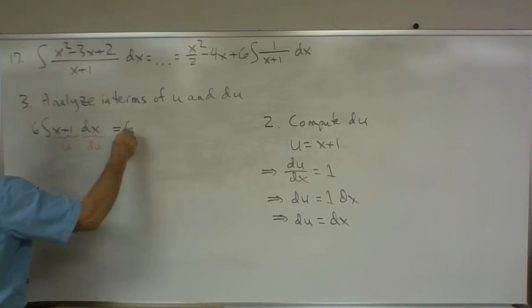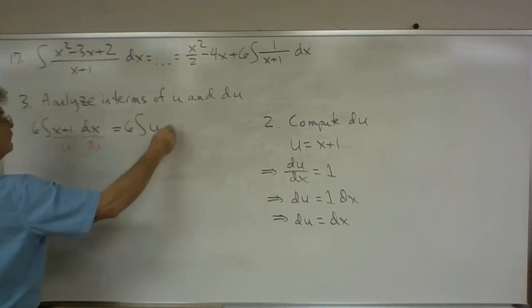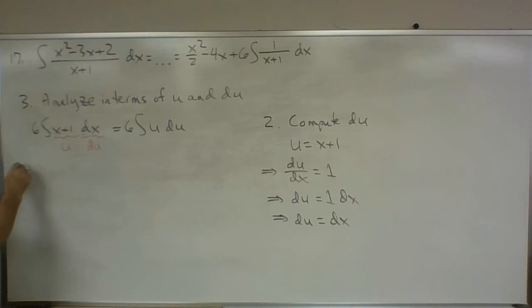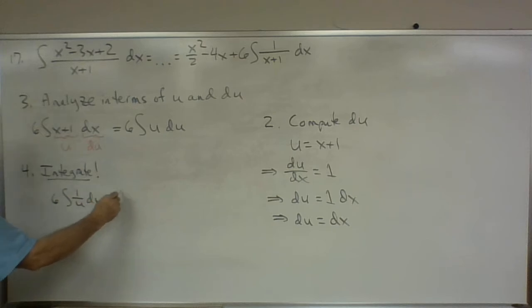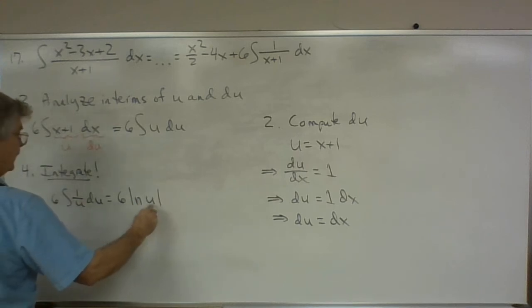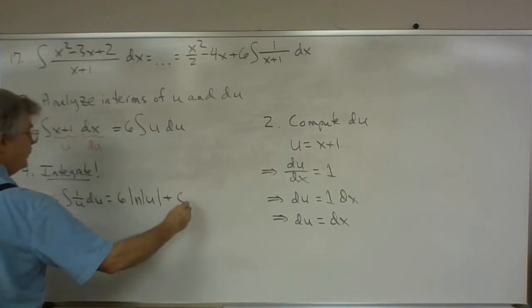So this is just 6 times the antiderivative of 1 over u with respect to u. Okay, step 4, integrate. 6 times the integral of 1 over u du is 6 times the natural log of u, absolute value, plus c.